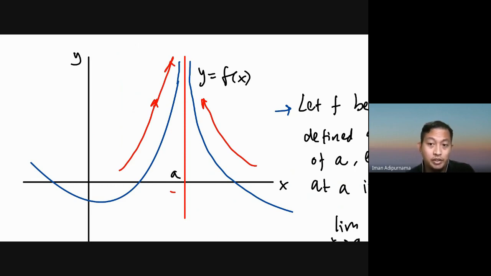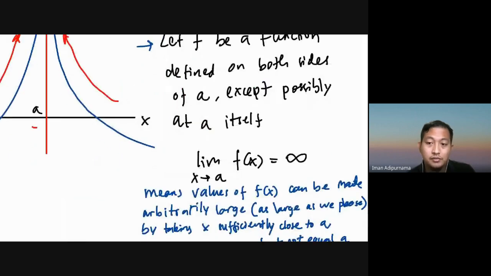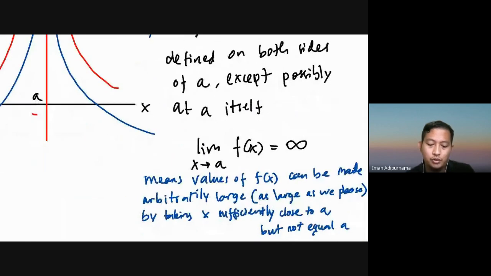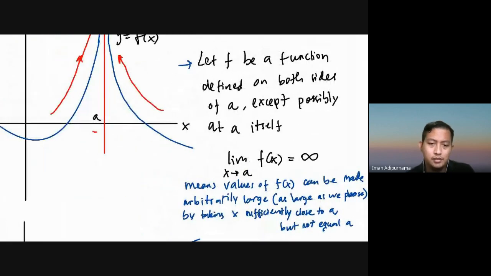That means it's going to be infinity. I think that's more clear than reading all this, right? This is just to show you the exact official definition if you want to write it in a paper.